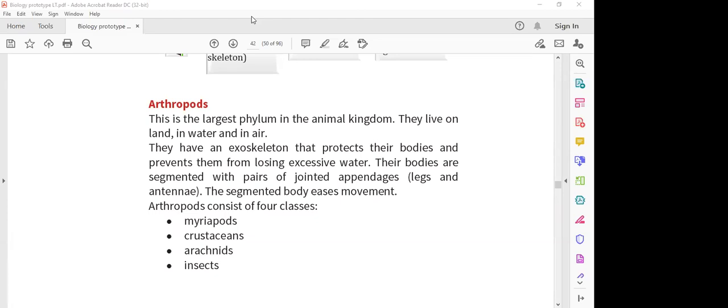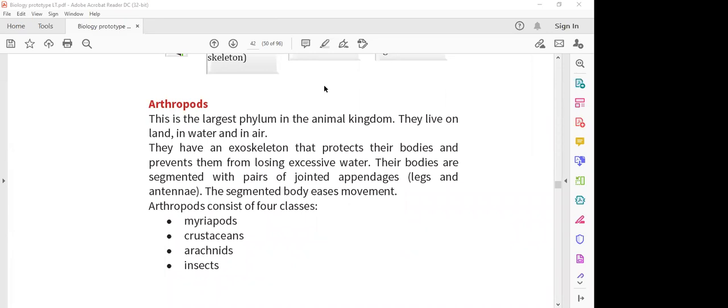Timothy? Yes. Arthropods. This is the largest phylum in the animal kingdom. They live on land, in water, and in air. They have an exoskeleton that protects their bodies and prevents them from losing excessive water.